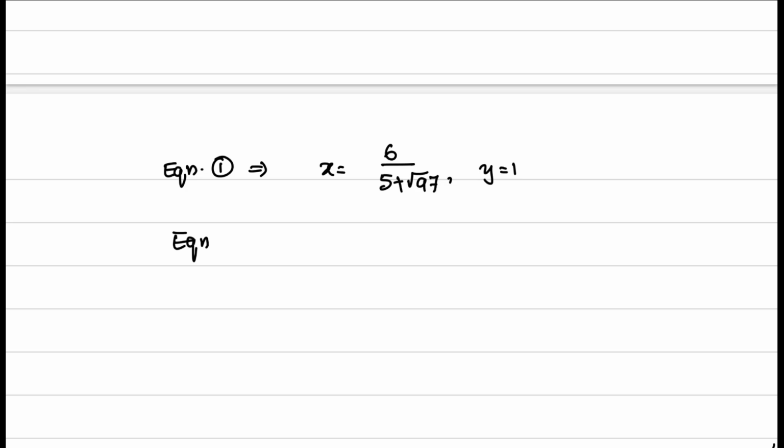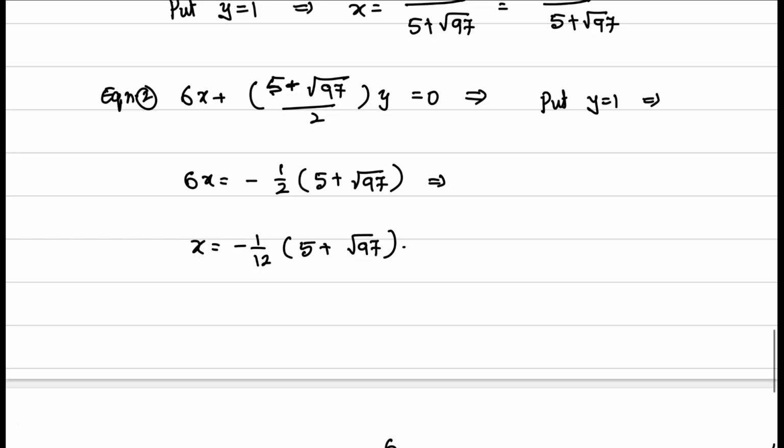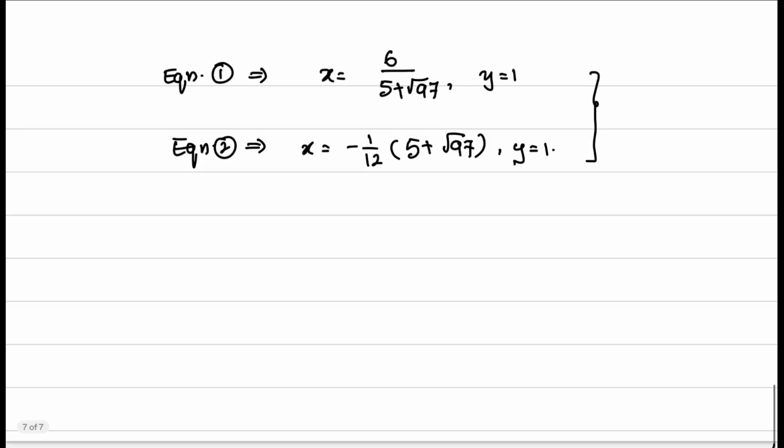From equation 2, x is equal to minus 1 by 12 into 5 plus square root of 97, and y is equal to 1. So these are the two eigenvectors. These are called the eigenvectors.